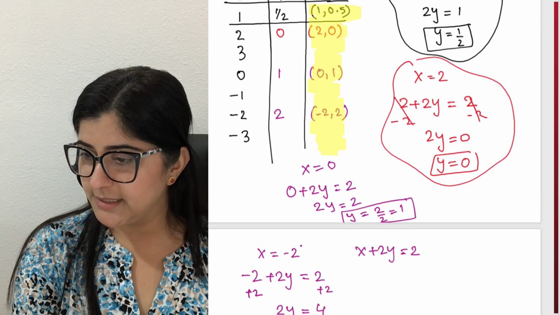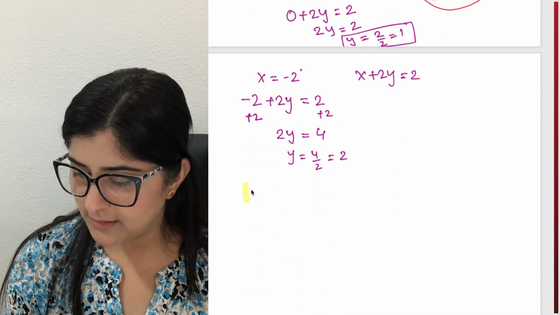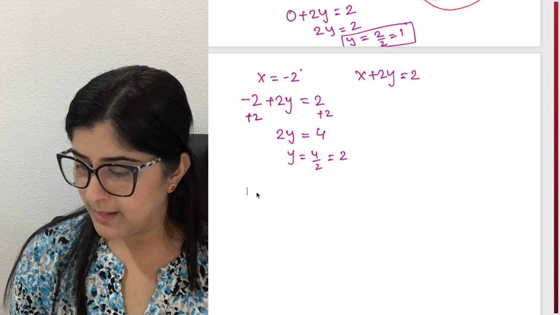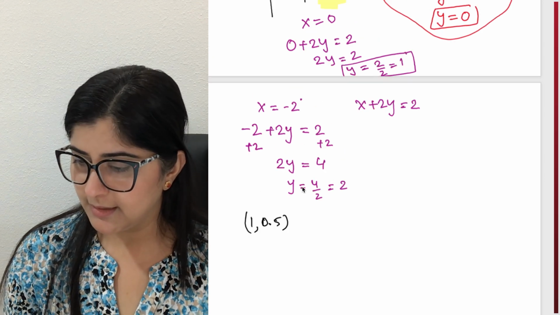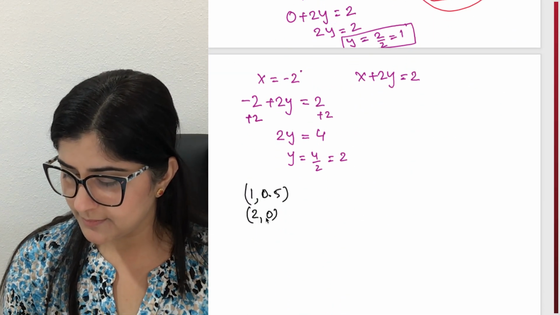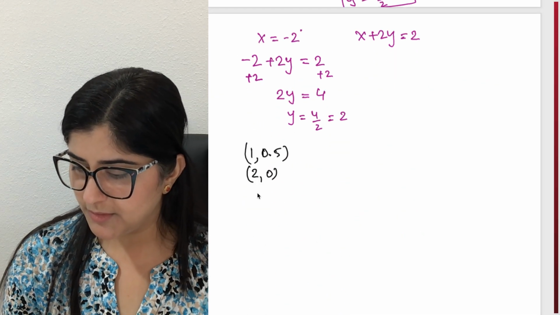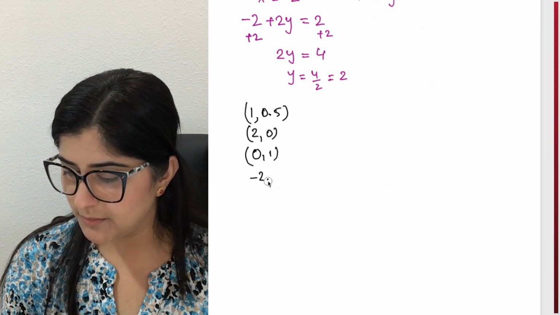So let's write down these ordered pairs here. 1 comma 0.5. The second ordered pair is 2 comma 0. The next one is 0 comma 1. Then the next one is minus 2 comma 2.